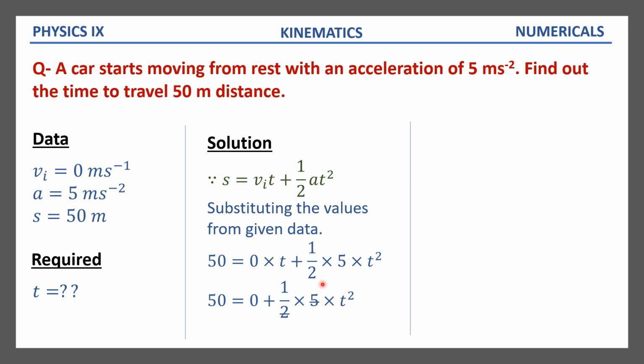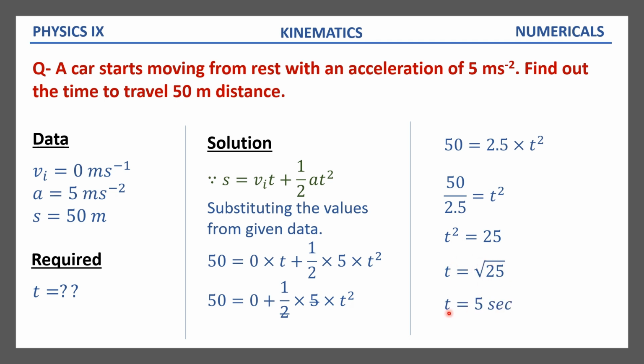Simplifying the values, 0 multiplied by t is 0, 5 divided by 2 is 2.5. 2.5 on the other side goes in the denominator. 50 divided by 2.5 is 25. Taking square root on both sides. Square root of 25 is 5. The answer is 5 seconds.